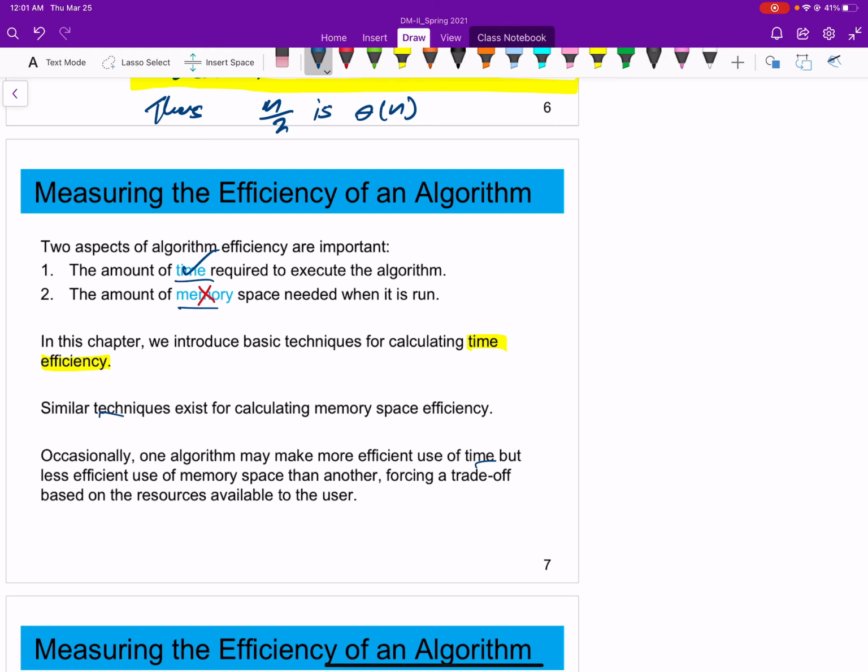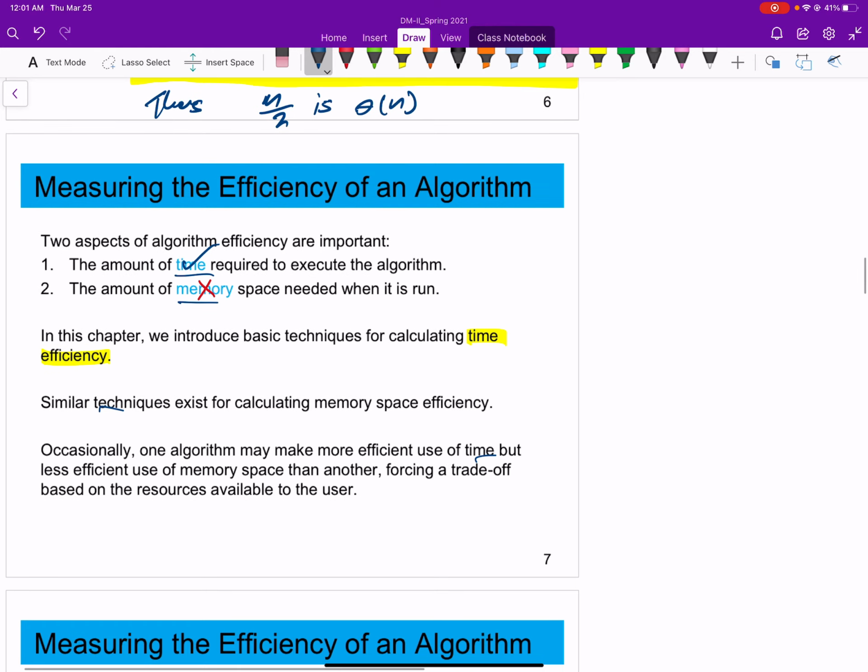Let me write this as extra information. Let's say you have an algorithm. There are two cases. The first case is it has many nested for loops.